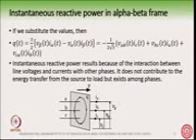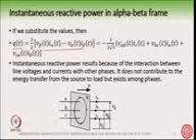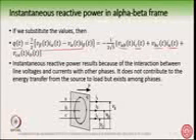If you write Qt, it will be V beta I alpha minus V alpha I beta, and then you substitute back from alpha beta to ABC, and you get something like this. This is very interesting.